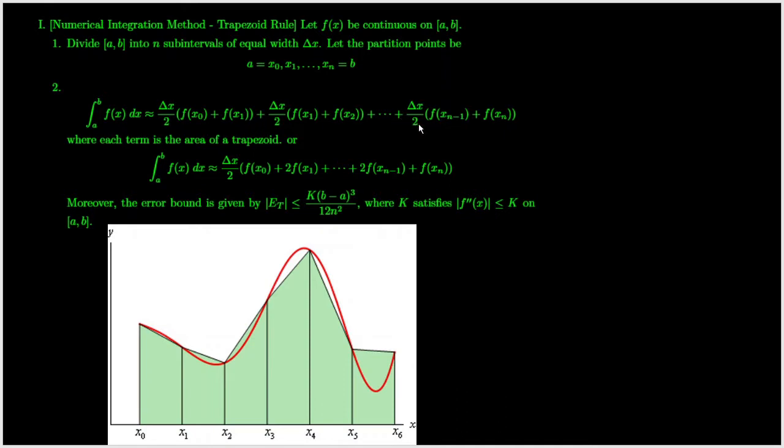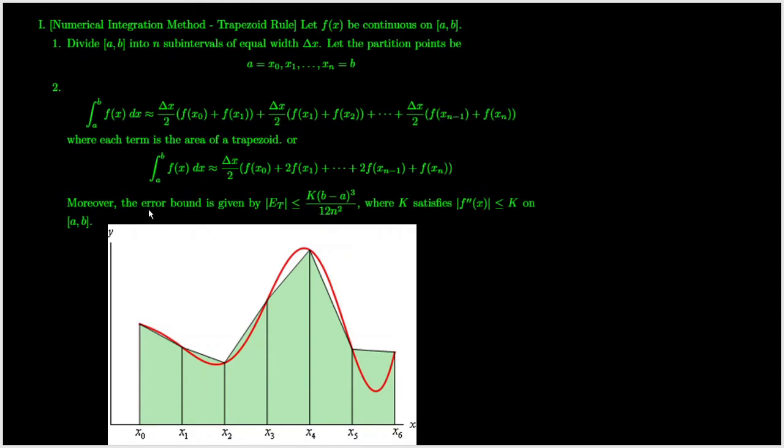It can also be simplified to the following form, the form on the next line. This is called the famous trapezoid rule. Additionally, it's possible to estimate the error using this formula.